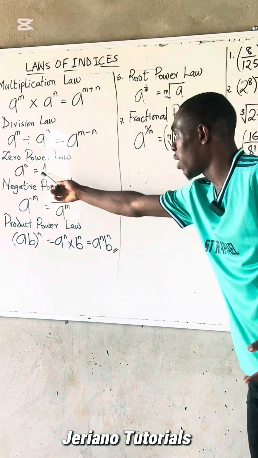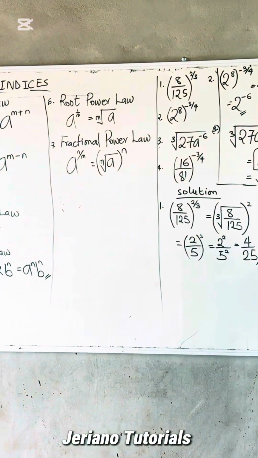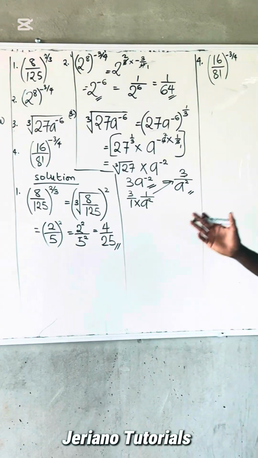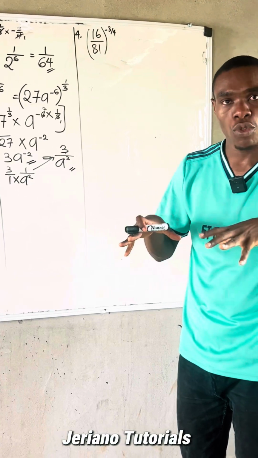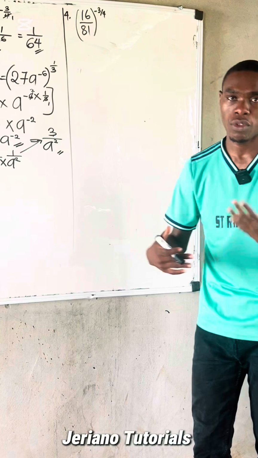We all know anything raised to the power of 0 is 1. Okay, now let's see this. The first thing to do, as I said, is get your mathematics in a simpler form, not a complex form, so you don't get problems solving.